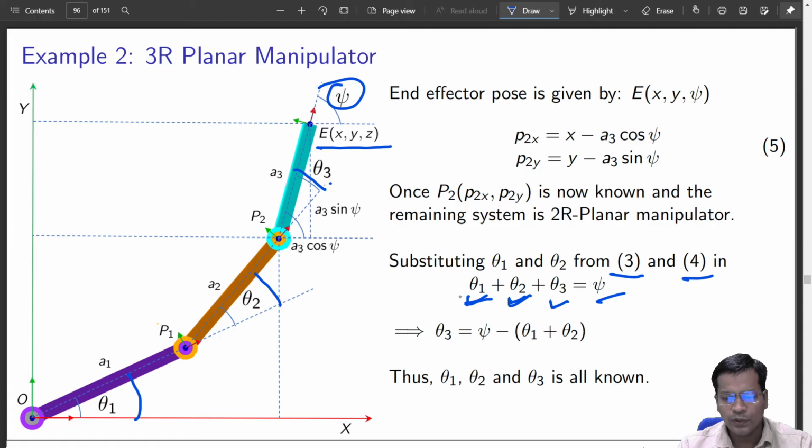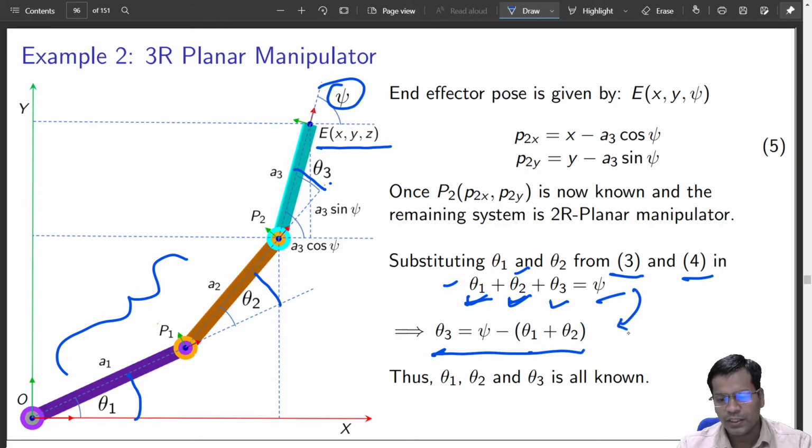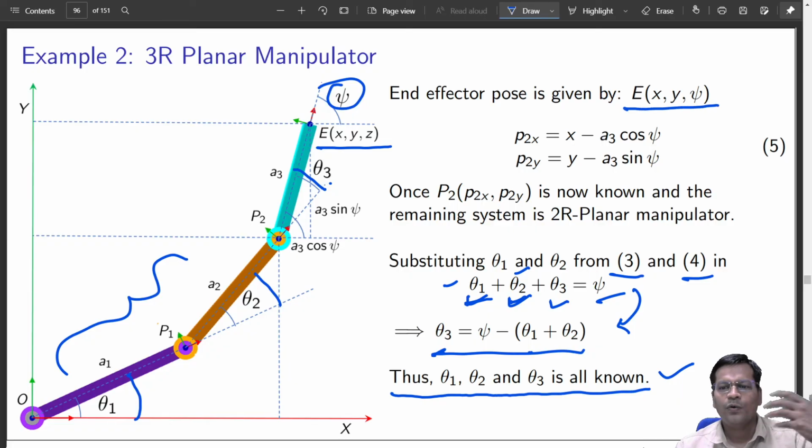And you already know theta 1 and theta 2 using the two link subsystem, which is here. So theta 3 can now be evaluated using this equation. You just extend it further and you will get this. So thus all theta 1, theta 2 and theta 3 are known for given input x, y and orientation.